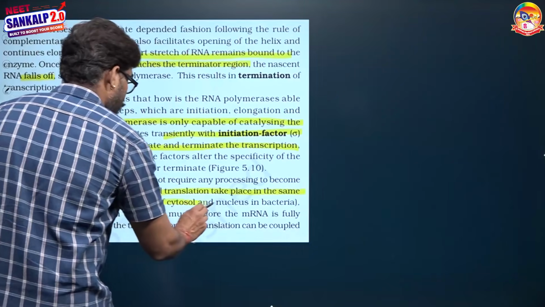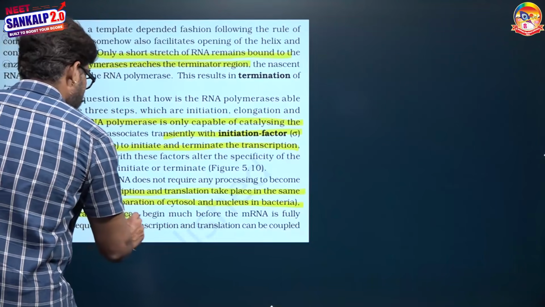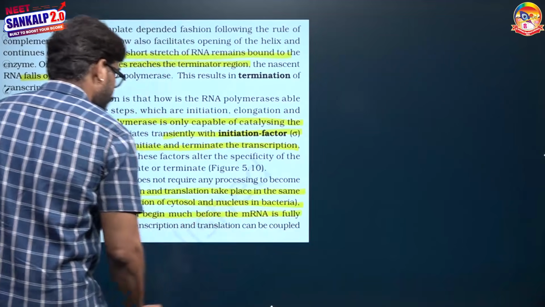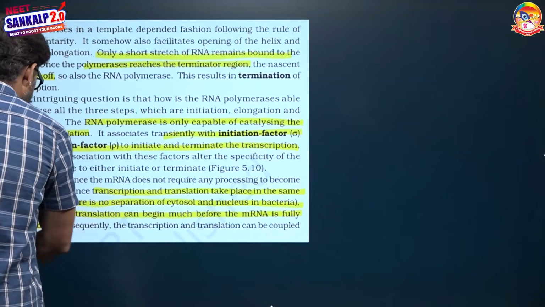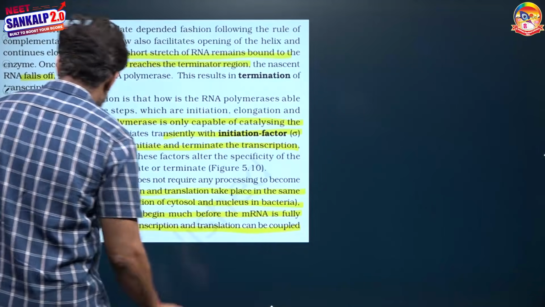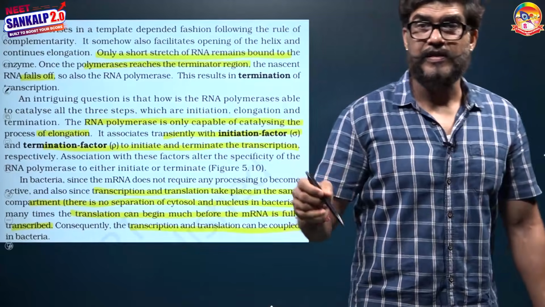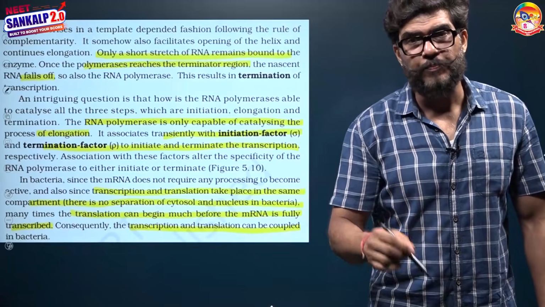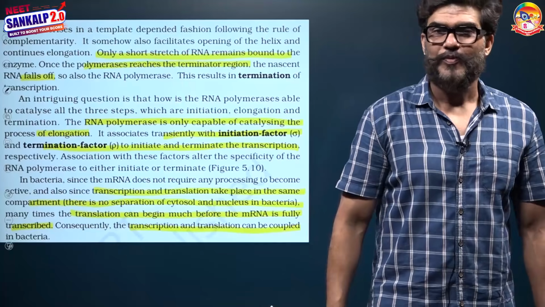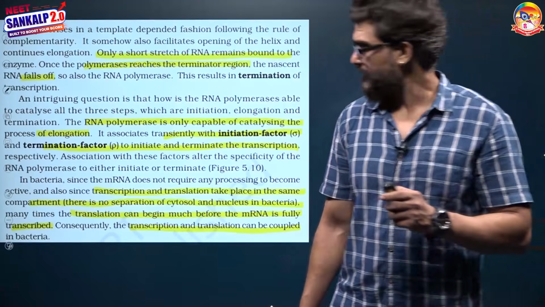There is no separation of the cytoplasm and nucleus. The translation can begin much before the messenger RNA is fully transcribed. So you can say that transcription and translation are coupled in bacteria. In bacteria, translation begins before the completion of transcription. Why? Because both happen in the same compartment, the cytoplasm.